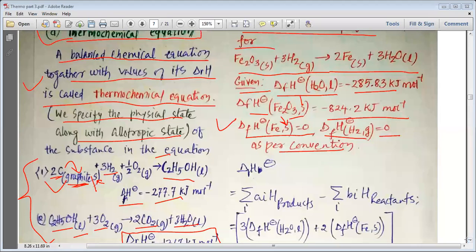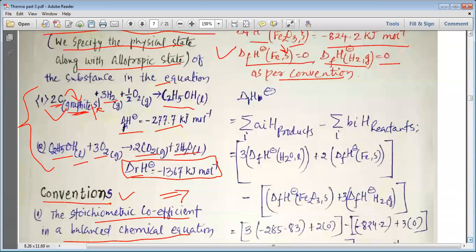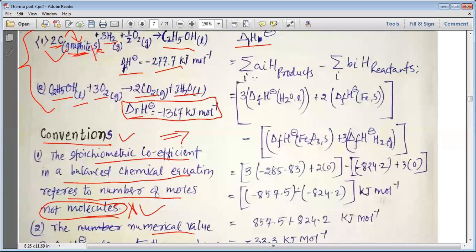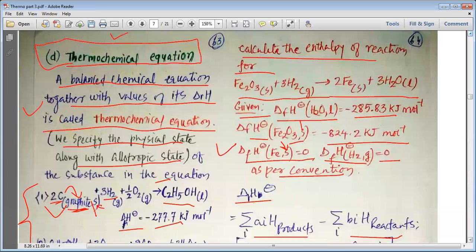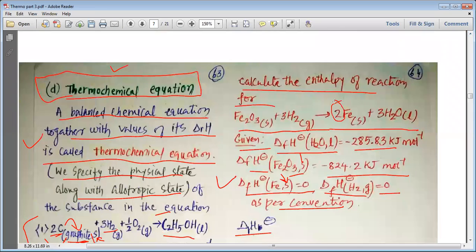So my dear students, it's quite simple to understand that we will write that enthalpy of reaction is equal to sigma ν_i ΔfH of products minus sigma ν_i ΔfH of reactants. So it is 3 times the enthalpy of formation of water plus 2 times the enthalpy of formation of iron, minus the enthalpy of formation of Fe2O3 plus 3 times the enthalpy of formation of hydrogen. Why do we put this? Because we already have the stoichiometric coefficients present in the balanced chemical equation.